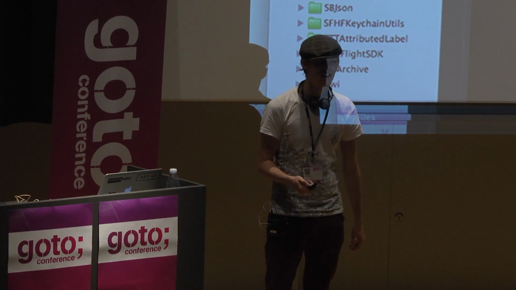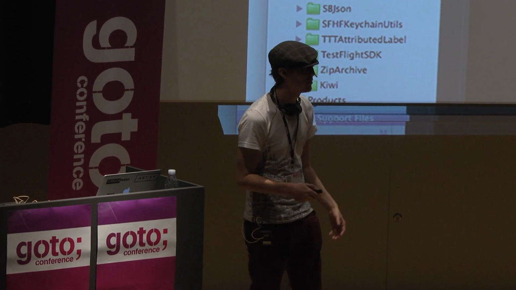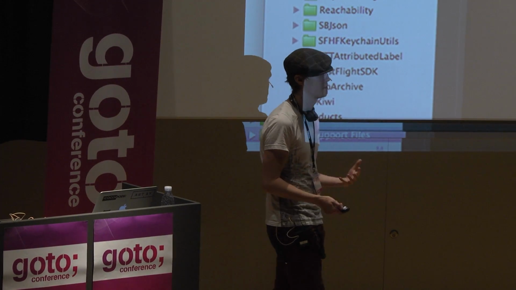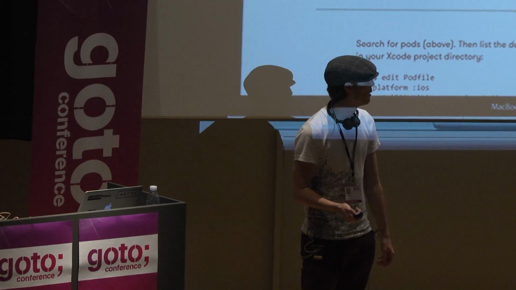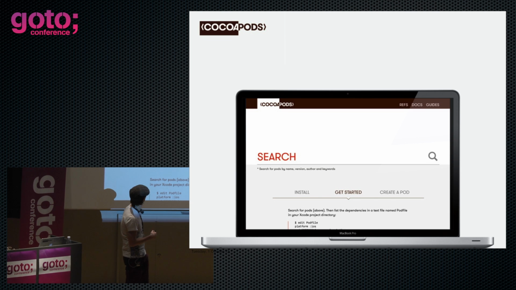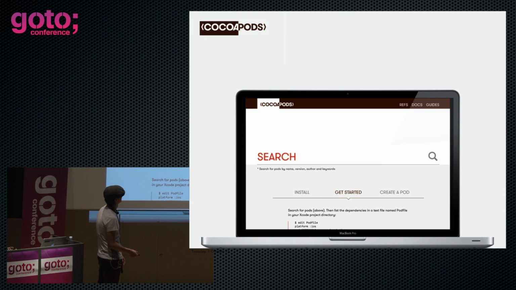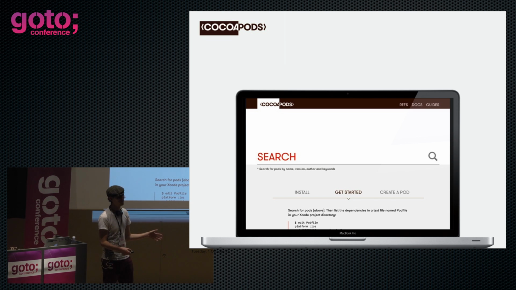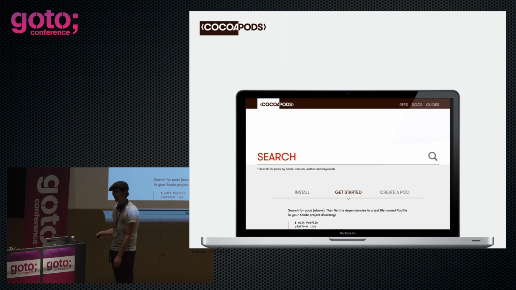What I've been spending a lot of time on lately is trying to figure out how do you make discoverability easy. So I've been working on a new website for CocoaPods, which is not all in black and white because we use red a lot. It relies a lot on trying to rethink how do you search and how do you explore and how do you rate a project, which has been my main focus lately.